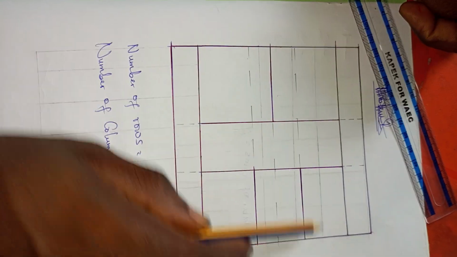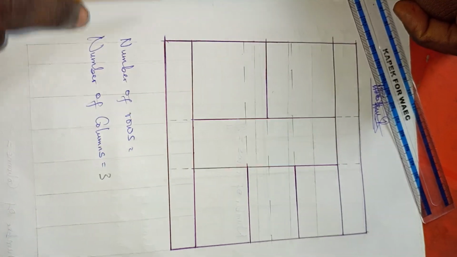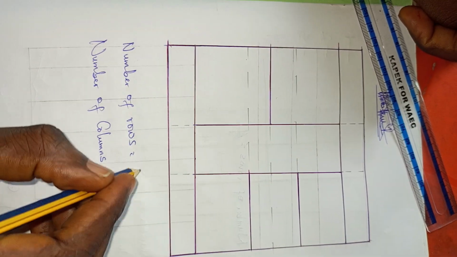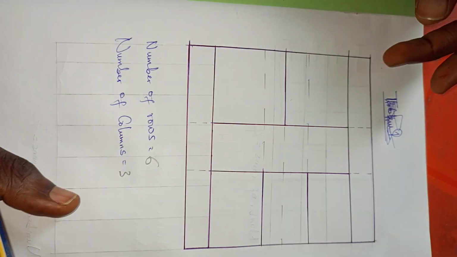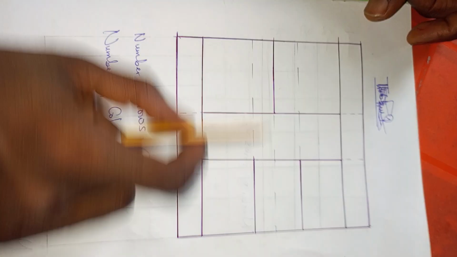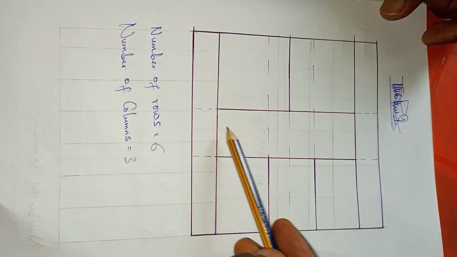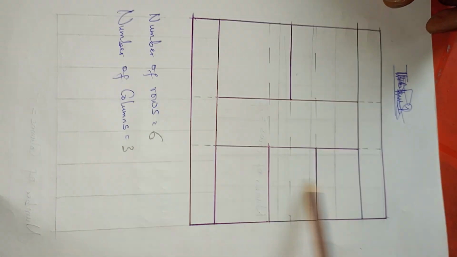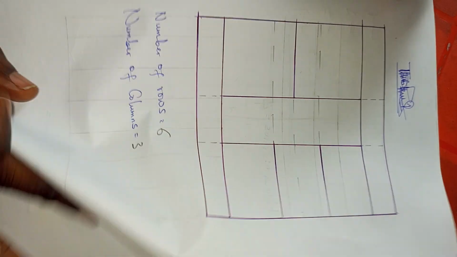One, two, three, four, five, and six rows. Six rows. You see there. So this is how it's done. You have six rows and three columns. I'm sure you understand how it's done.